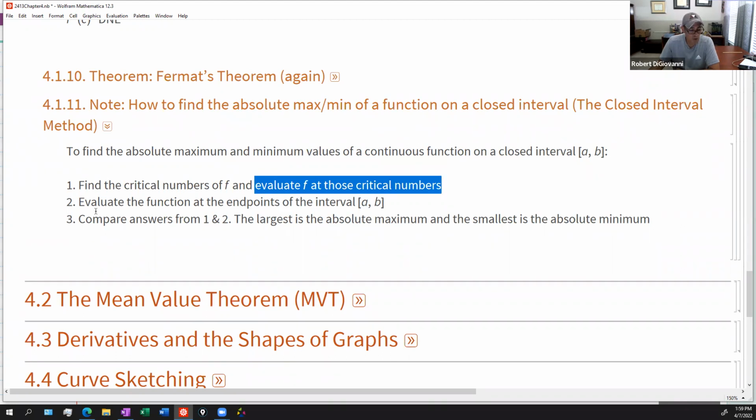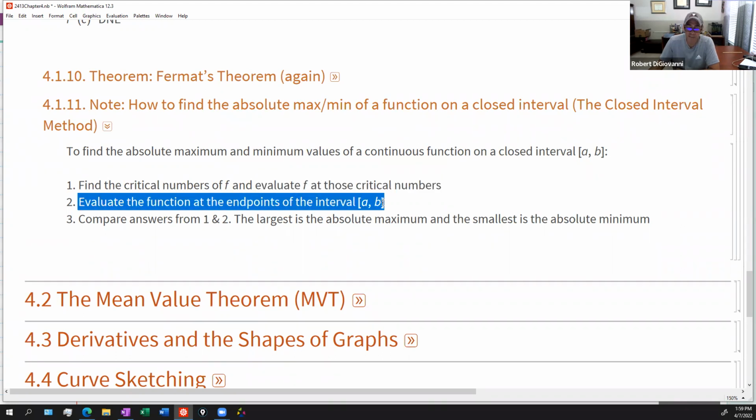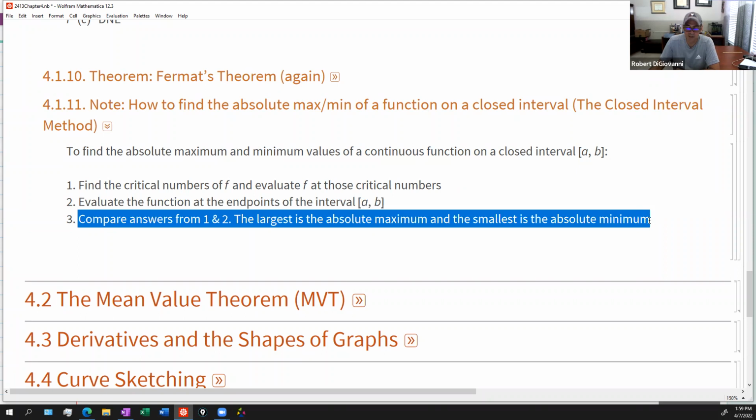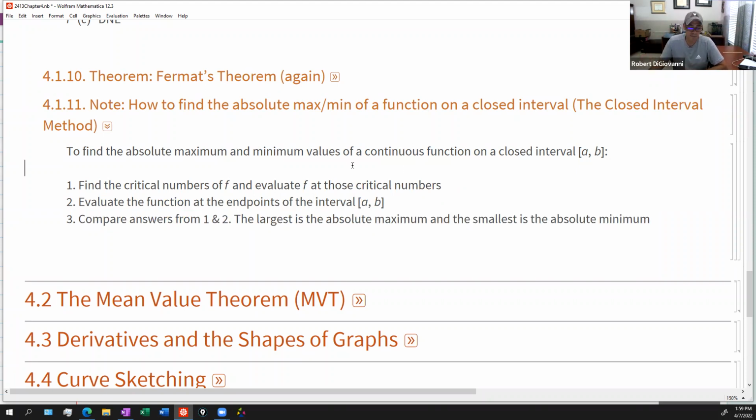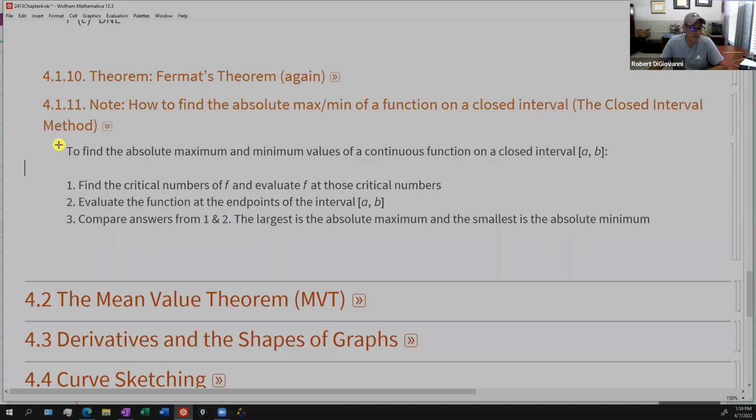After we do that, we're going to evaluate the function at the endpoints of the interval. And then last, we're going to compare the answers we got in steps 1 and 2. Whatever the biggest value is our absolute max, and whatever the smallest is our absolute min. Those are the steps. I'll copy them here. Let's go do an example.